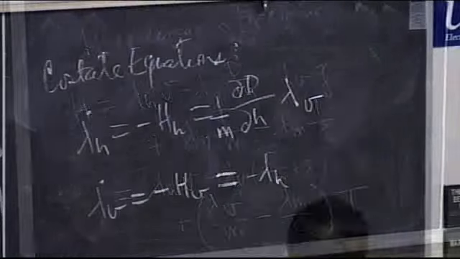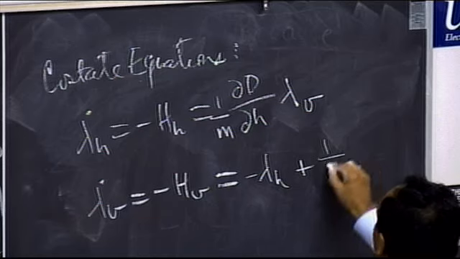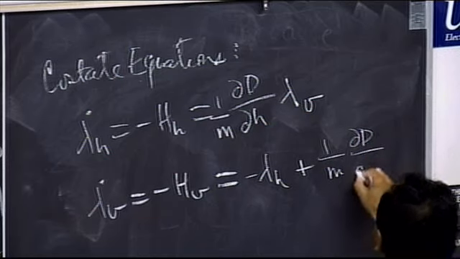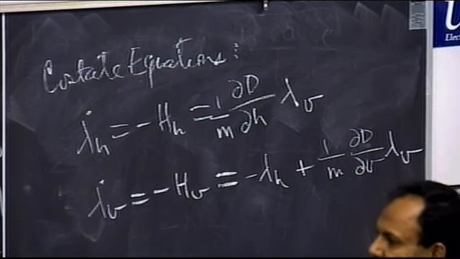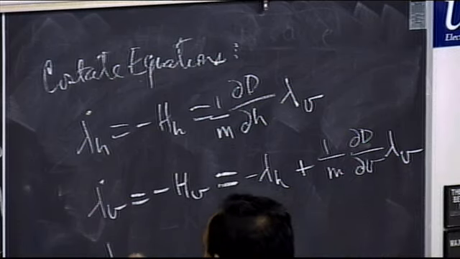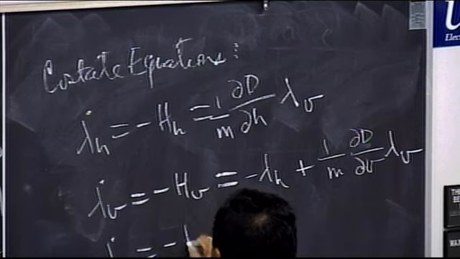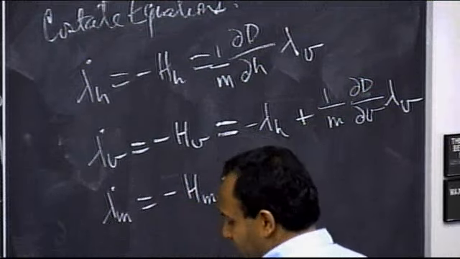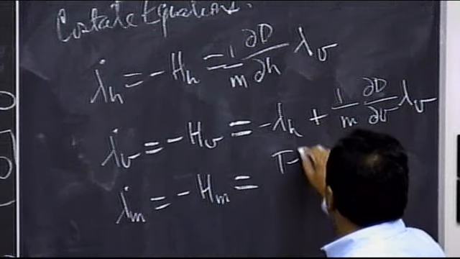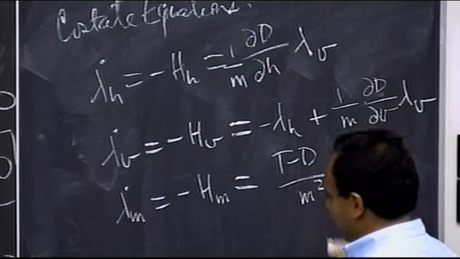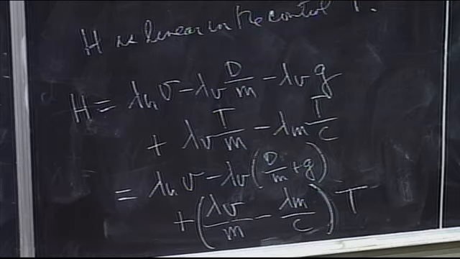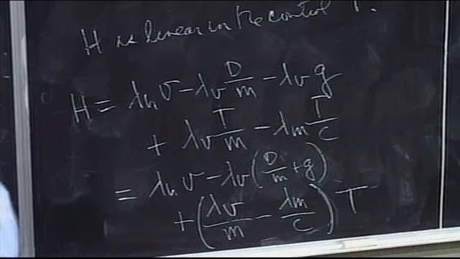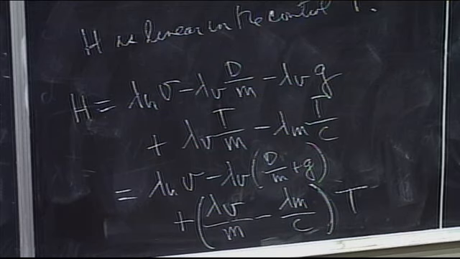So I get plus 1 over m, the partial of d with respect to v, times lambda sub v. And then lambda sub m dot is minus H with respect to m, which is equal to T minus D over m squared times lambda sub v. It's the only place that m occurs.